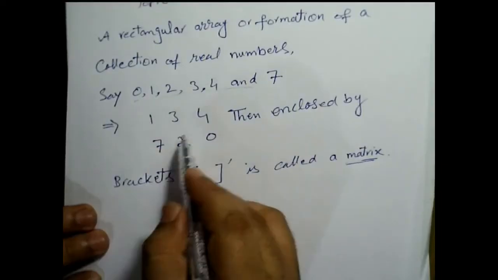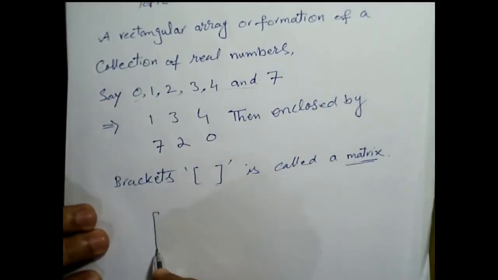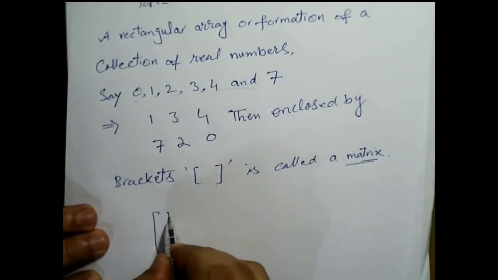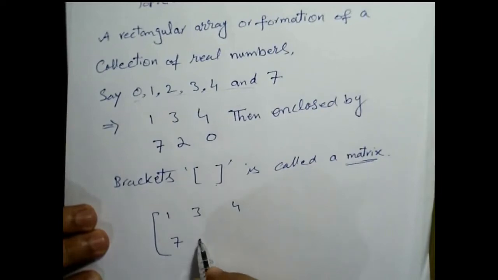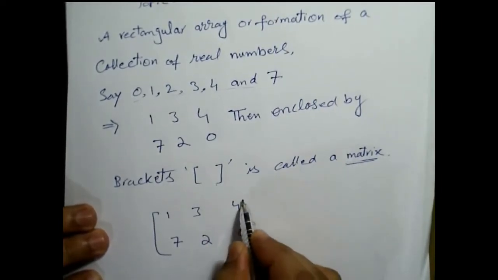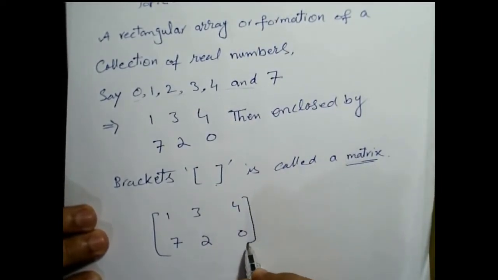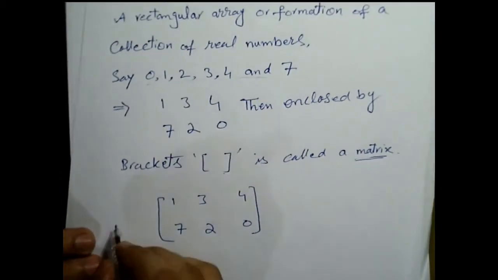For example, these are the numbers 1, 3, 4, 7, 2, 0, and we have enclosed them by brackets. This will be called a matrix.